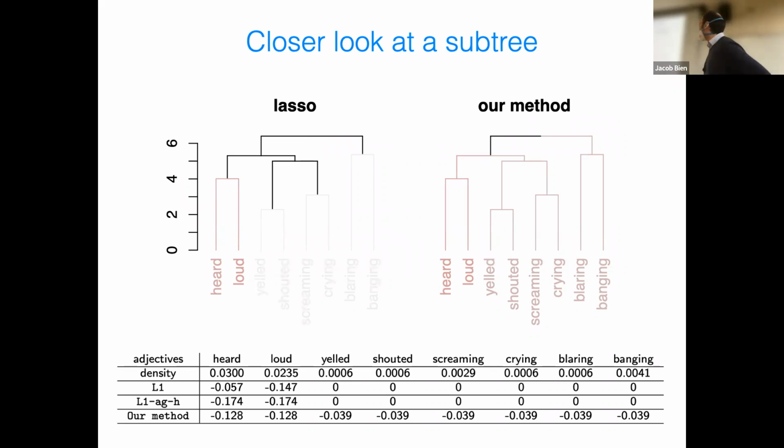And basically the lasso only chose heard and loud because these were the only words that were occurring commonly enough that it could actually infer something about them. And it zeroed out all the others. Whereas our method was able to borrow strength across that whole sub-branch, which seems like, at least in this cherry-picked example, the right thing to do.